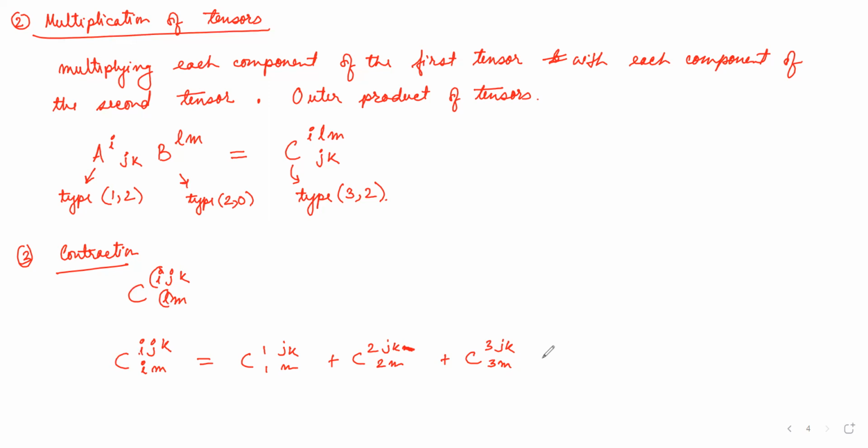And this will give rise to a tensor whose rank is reduced by 2. The earlier tensor has 5 indices, so it has rank 5, and its type is 3, 2. But now after contraction, it has reduced to rank 3 and type 2, 1. So this is all about contraction of tensors.